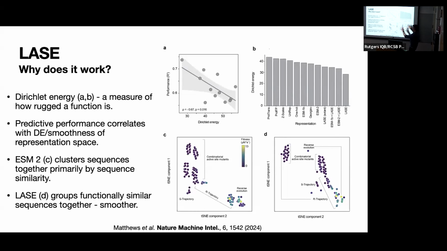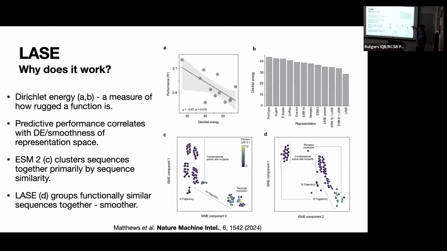So what we see then, if you map the components with different embeddings, you can see here that this is ESM2. It tries to cluster the sequences, but it really is just sorting them by their sequence similarity. So it's a fragmented map, and it's really hard to learn from this how the different sequences relate to each other, related to activity.